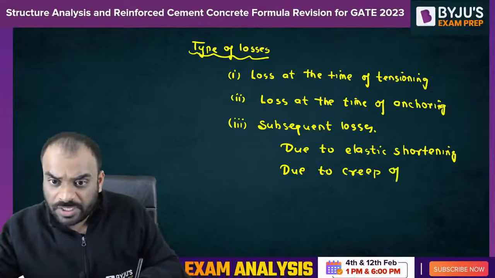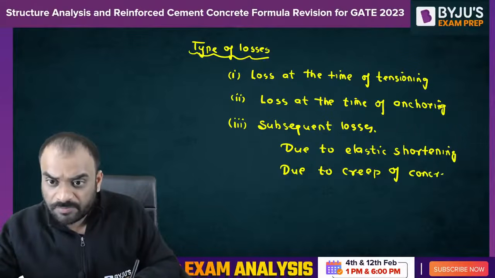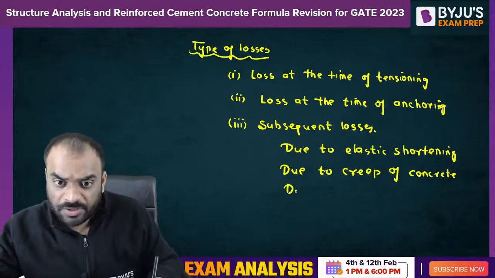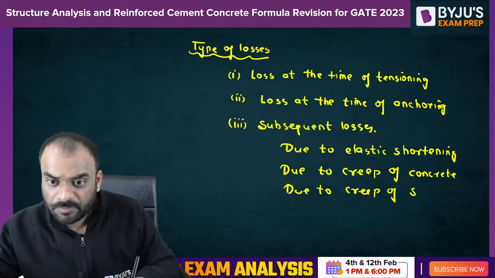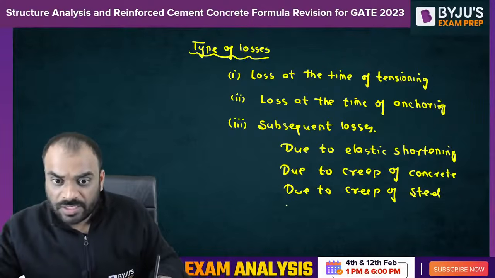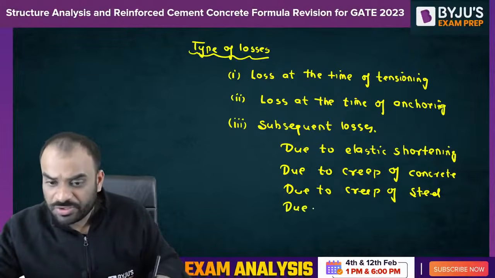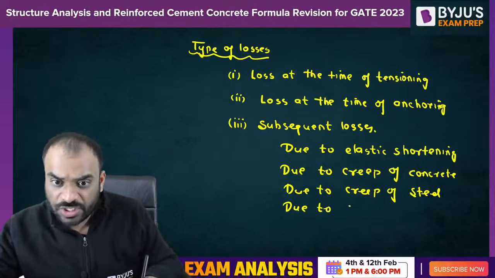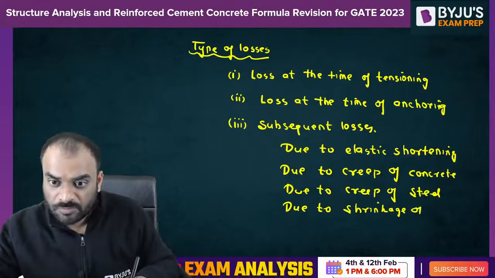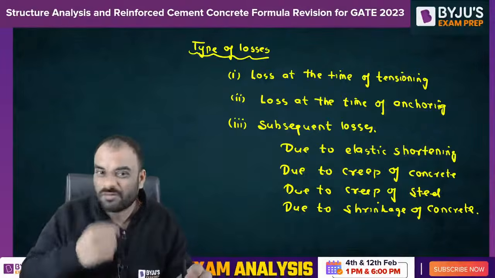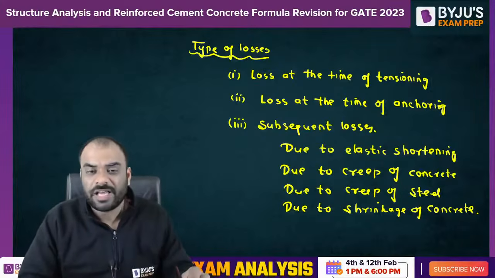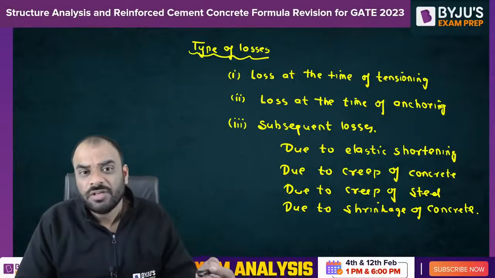Then the last one is due to shrinkage of concrete. Clear, guys? So these are the losses which you have to follow while calculating your pre-stress losses.